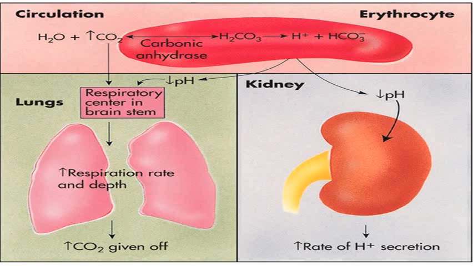The high CO2 level will form a high amount of hydrogen ions and bicarbonate. The high amount of hydrogen ions will cause decrease in pH, or acidosis.